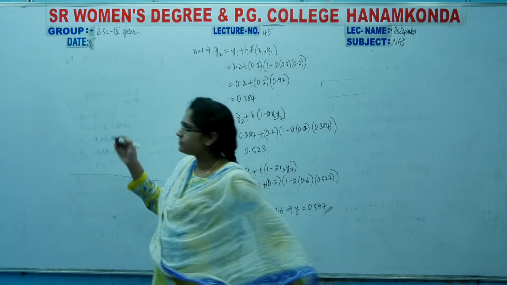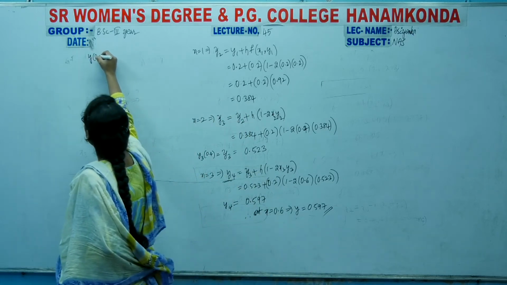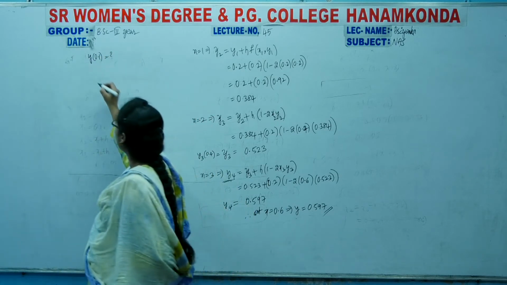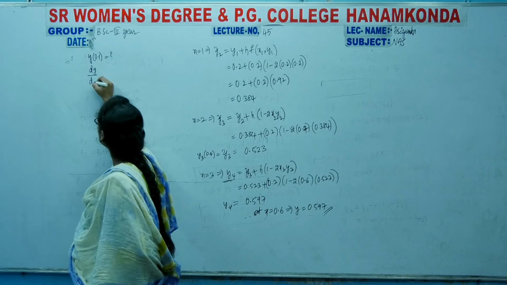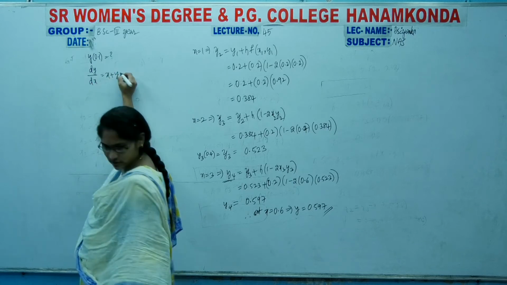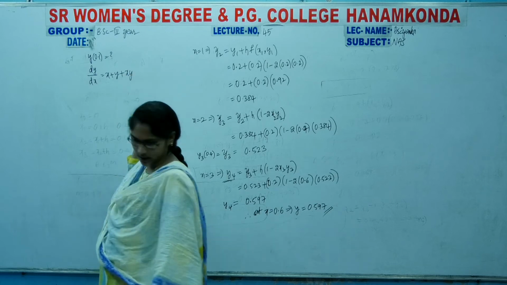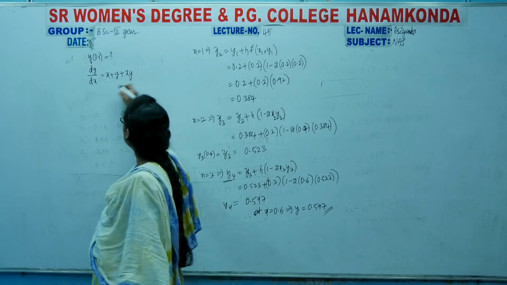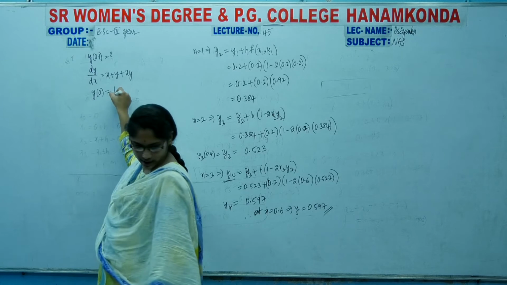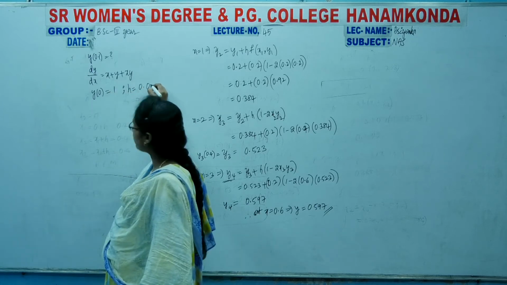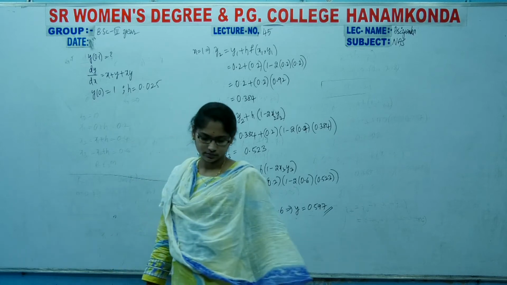Using Euler's method, find y of 0.1 from dy by dx is equal to x plus y plus xy, comma y of 0 is equal to 1, taking h is equal to 0.025.